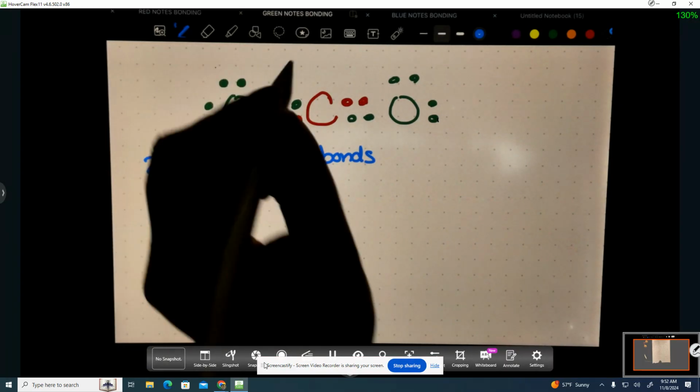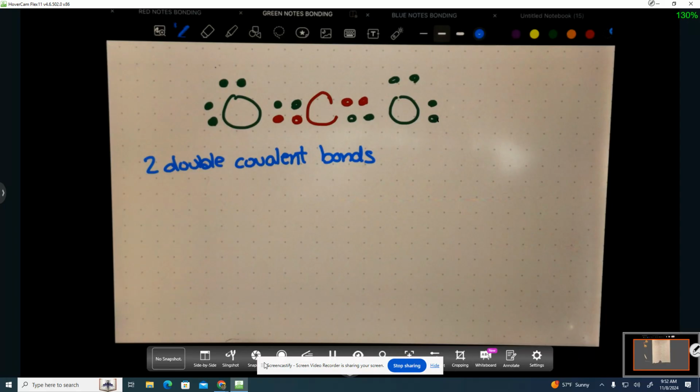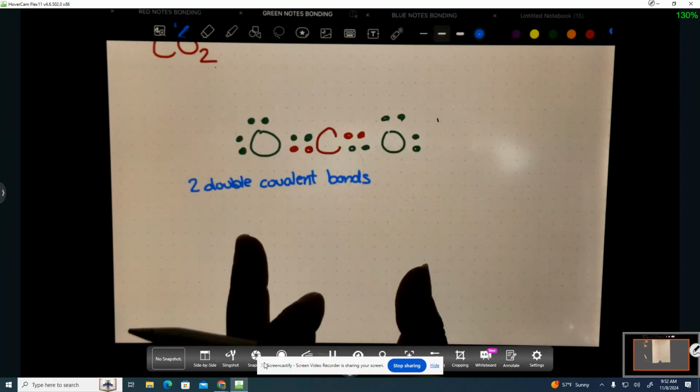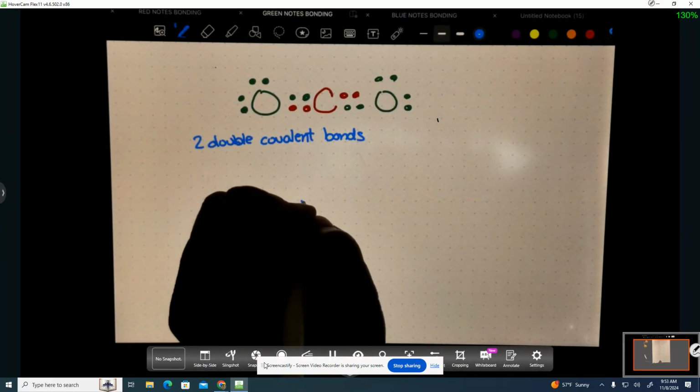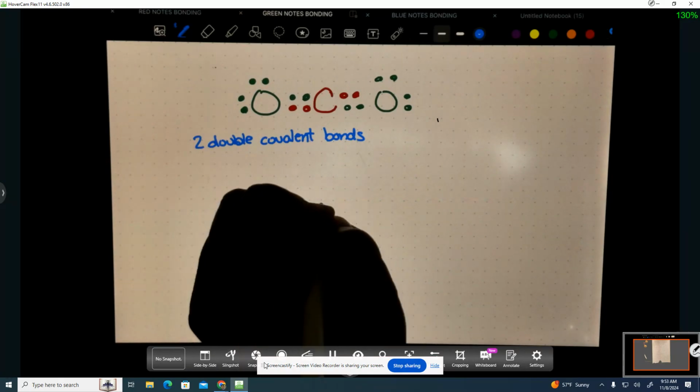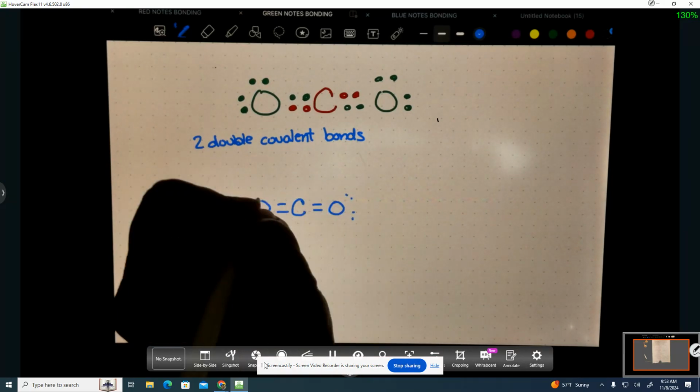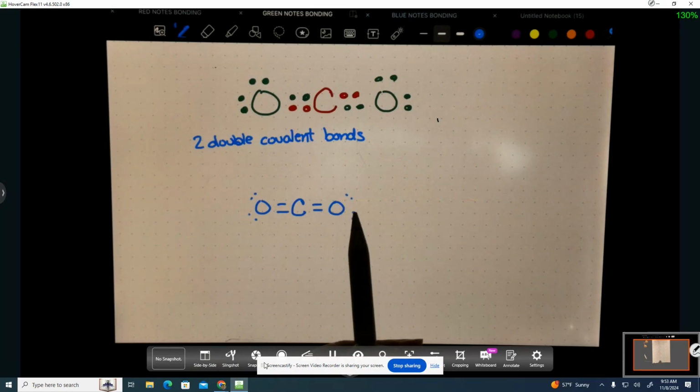Here's a double covalent bond. Here's another double covalent bond. Let's draw it with the lines instead. It's a little bit easier to look at. And then you've got your non-bonding pairs of electrons out here.